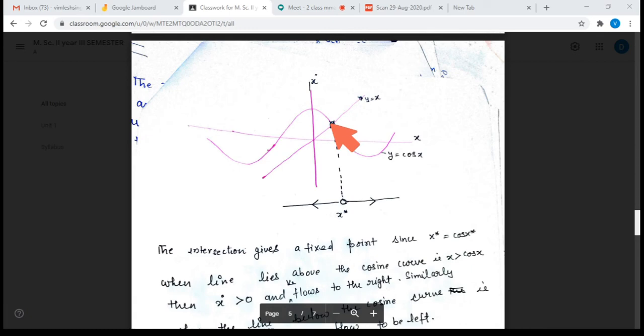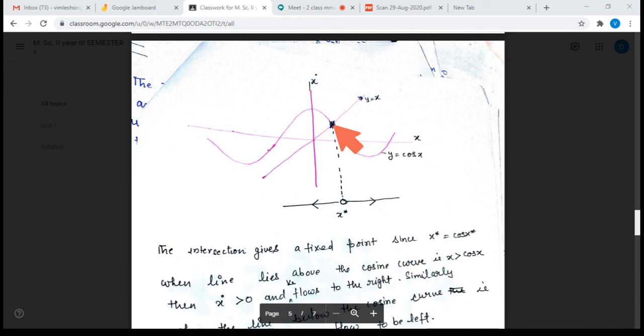This is the critical point. It is a fixed point. The point of intersection gives the fixed point of the given system, x dot equals x minus cos x.